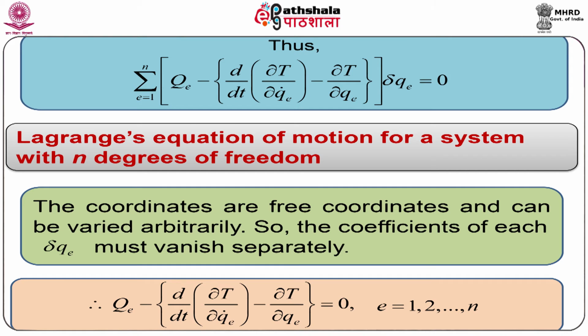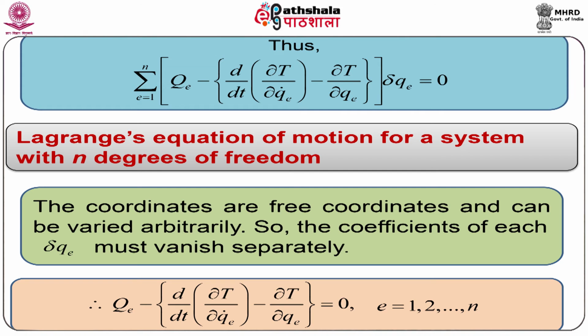Let us obtain Lagrange's equation of motion for a system with n degrees of freedom. By degree of freedom, we mean that the position of the dynamical system can be specified by n generalized coordinates, and this is the minimum number which is required to specify the dynamical system.